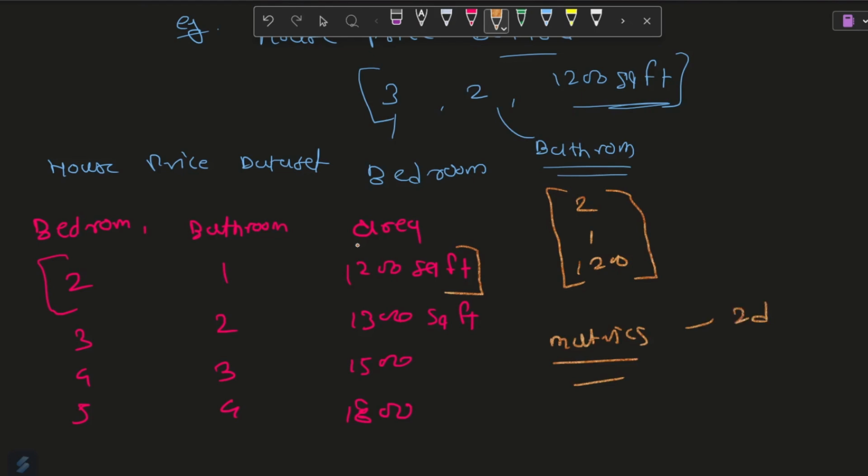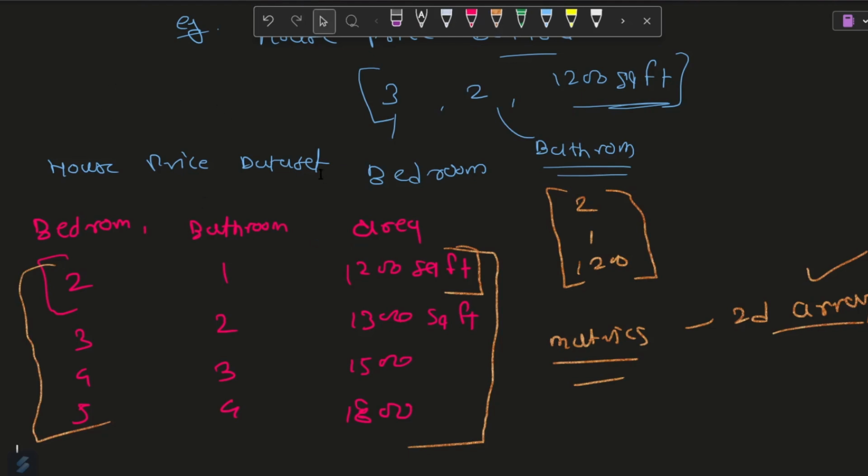The concept of arrays we will learn when we learn about libraries in Python. In simple terms, this whole data set is called a matrix. That is as simple as that, no worry about that.